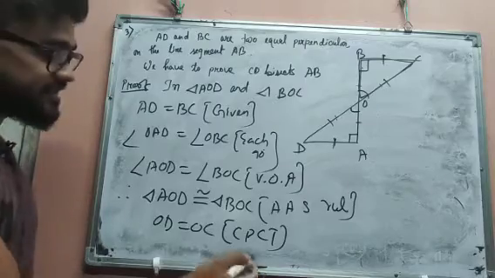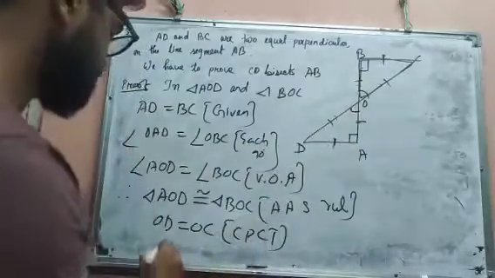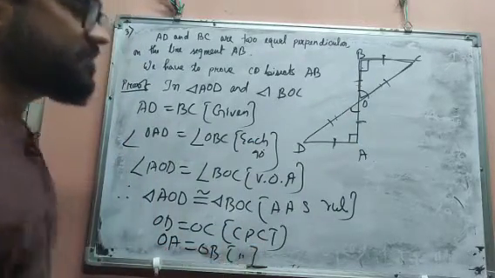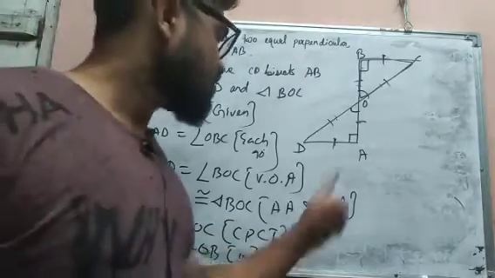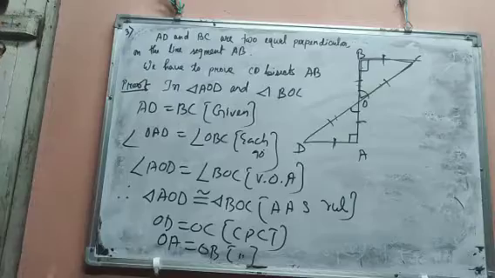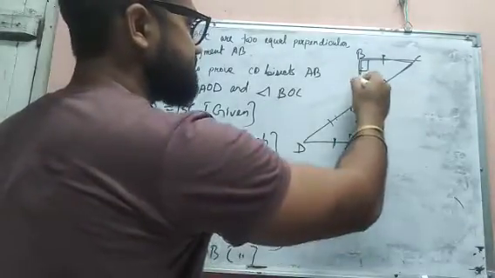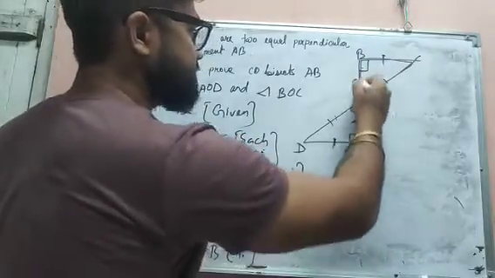That's why we write this as CPCT. And moreover, you can say OA equal to OB. The condition is also the same. It is also equal because of CPCT, because corresponding parts of congruent triangles are always equal. So OA equal to OB means this portion and this portion are equal.